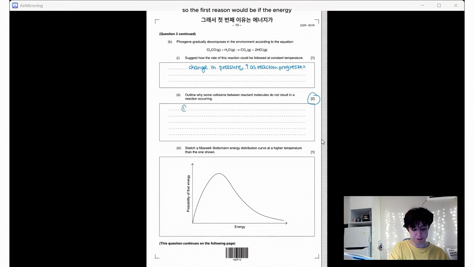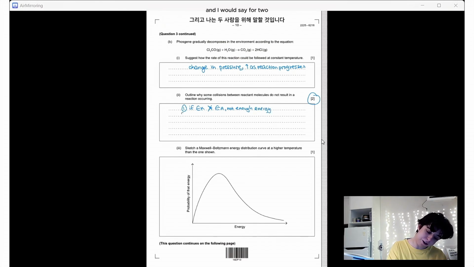So the first reason would be if the kinetic energy of the particles is not greater than or equal to the activation energy. Okay. So that would be a reason. If it is not greater than, we don't have enough energy. So not enough energy.